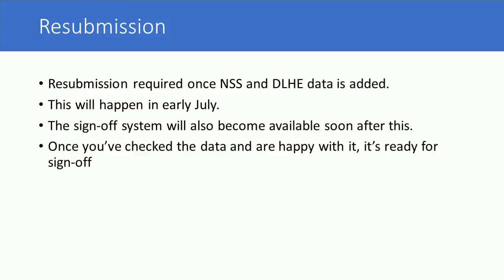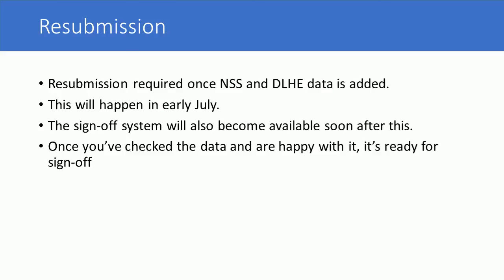Okay, so once we've added the NSS and the DELI data and you've resubmitted your XML to us, you'll then be able to see this data in the CheckDoc. So this should happen around early July, and shortly after we've added the NSS and the DELI data, you'll also be able to sign off your data once you're happy with it.